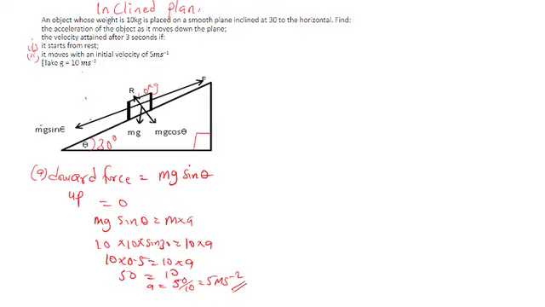Now let's start solving what we're being told to solve. They said find the velocity when it starts from rest, and you know at rest the initial velocity, which is u, is equal to 0. Now we apply the equations of motion, where v equals u plus at.